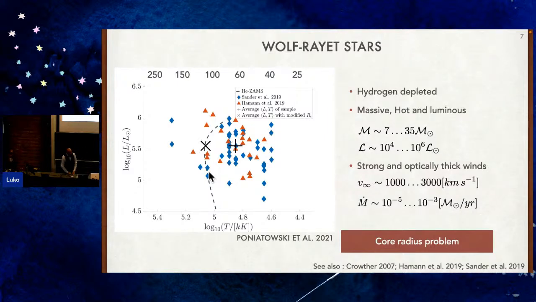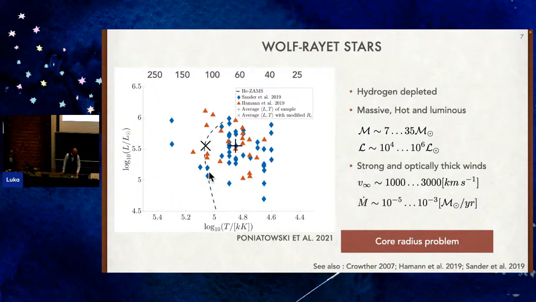Moving forward, we generally classify Wolf-Rayet stars as hydrogen-depleted, massive, luminous, and hot stars whose masses lie in the range of roughly 10 to 30 solar masses, and they have very strong winds with velocities reaching several thousand kilometers per second.